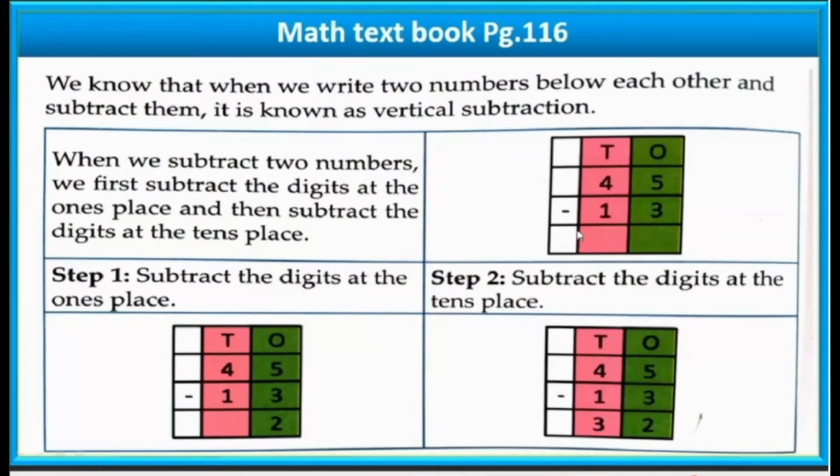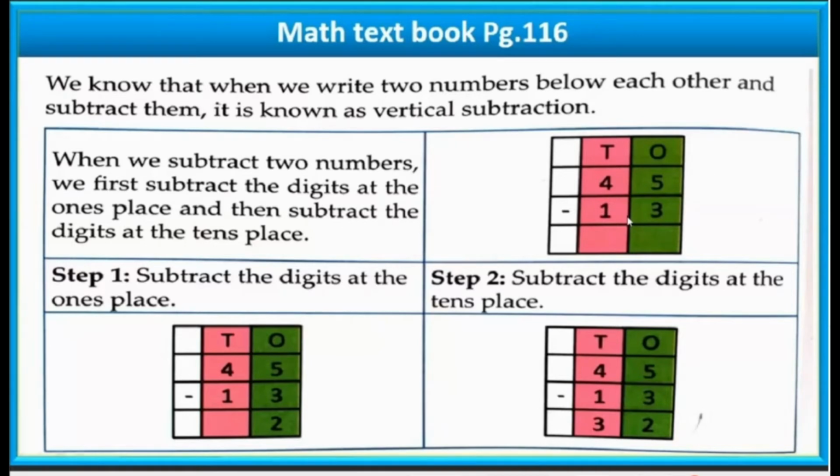We know that when we write two numbers one below the other, it is known as vertical subtraction. When we subtract two numbers, we first subtract the digits at the ones place. We all know that, right? It is a process we have been doing from the beginning. First we do our ones place and then subtract the digits at the tens place.